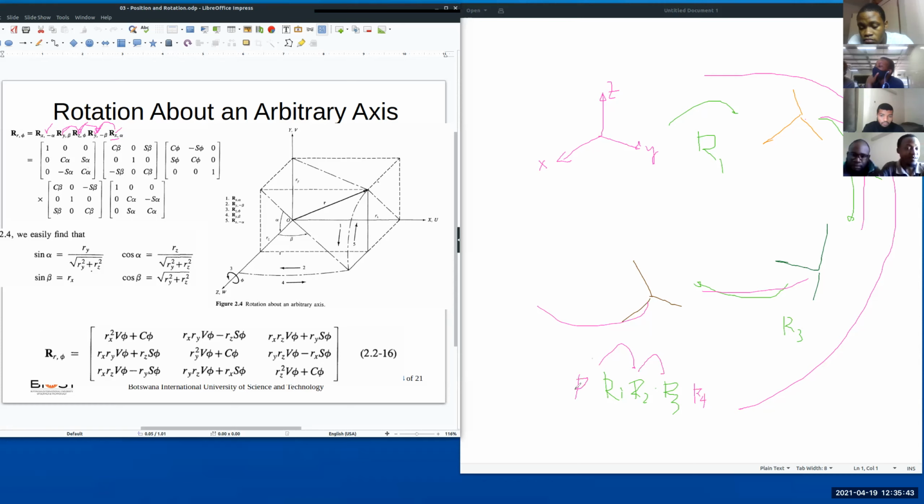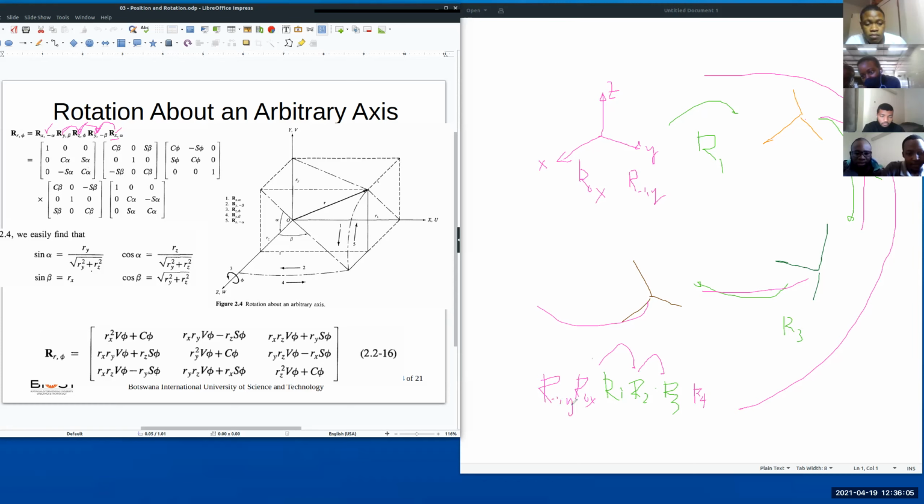pre-multiplication. If you have R0 here, maybe R0 with respect to the X. Okay, then another rotation, R1, maybe with respect to the Y. Then you pre-multiply it.